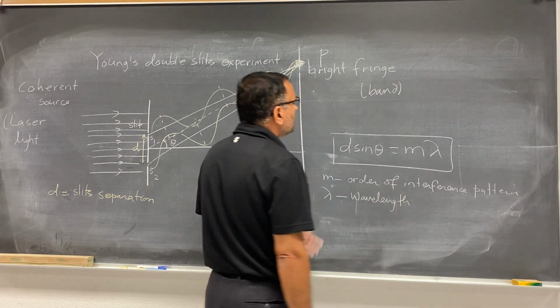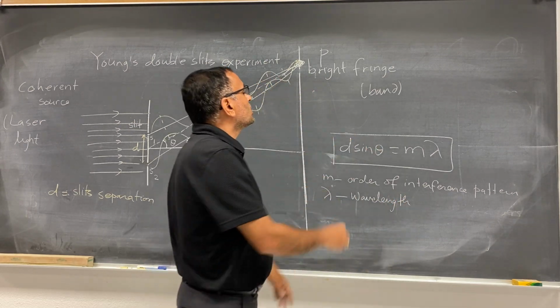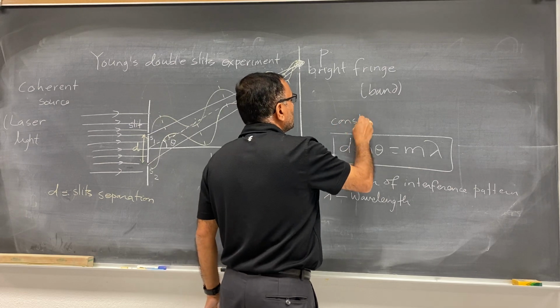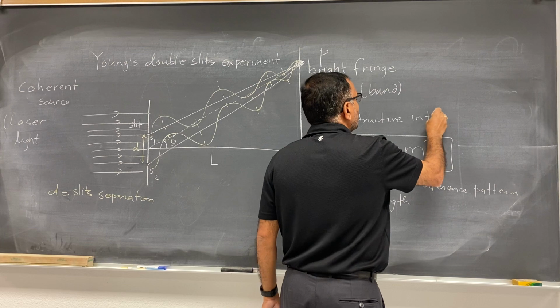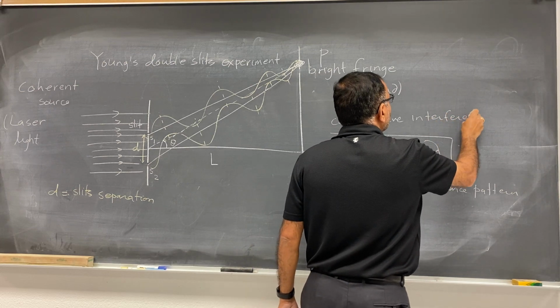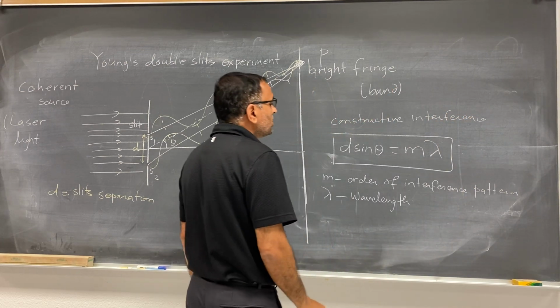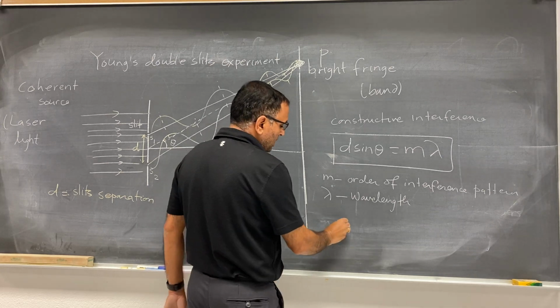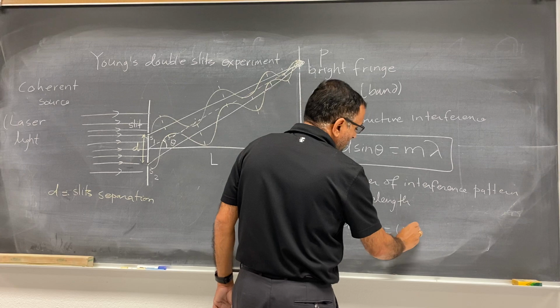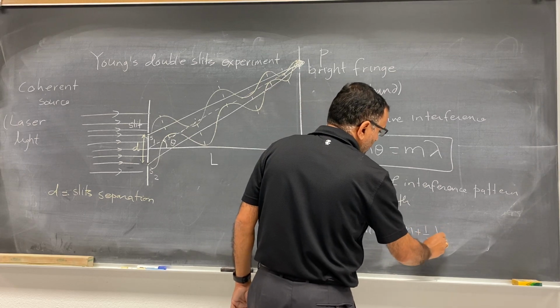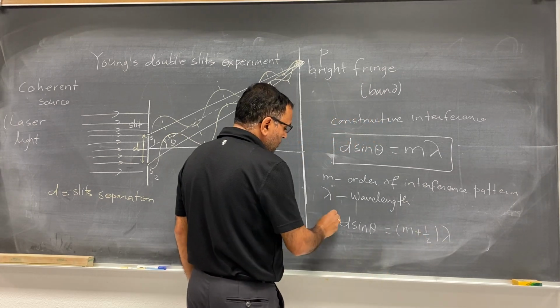So this is for constructive interference. And for destructive interference, you can write d sine theta equals (m plus half) lambda.